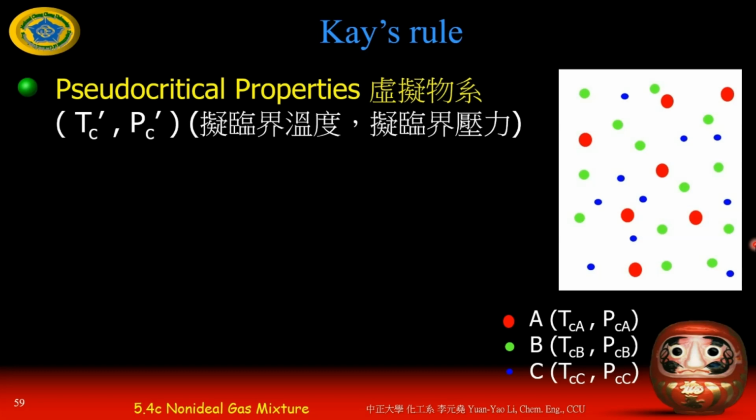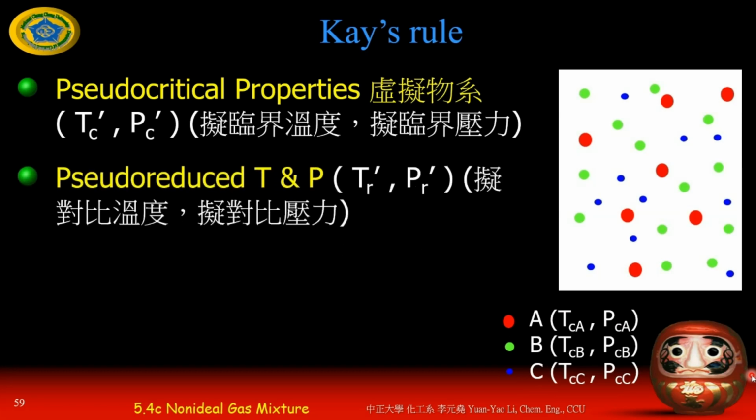If I ask you what's the critical temperature and critical pressure in this system for these three gases, can you tell me how you do this? We call it TC prime. So it looks like a kind of summation of the properties of this mixture, right? Okay, so the definition of TC prime, PC prime, and also I want you to know the reduced temperature and pressure in this system. Of course, these are all pseudo.